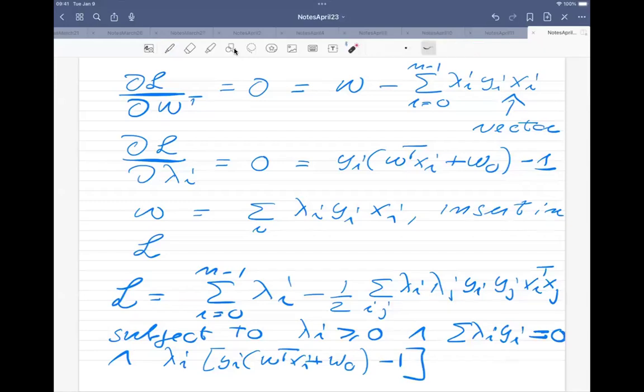So if you look at this specific constraint, this is the final constraint which we have. So lambda i has to be larger than or equal to 0. This equation here has to be fulfilled, and this equation here has to be fulfilled.